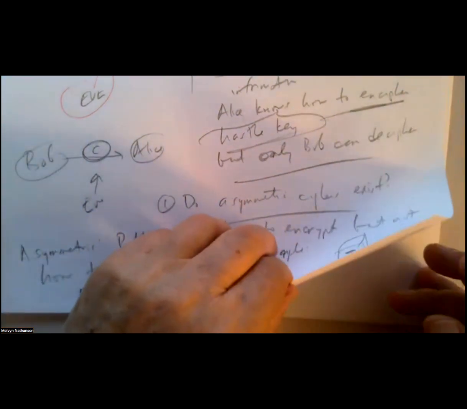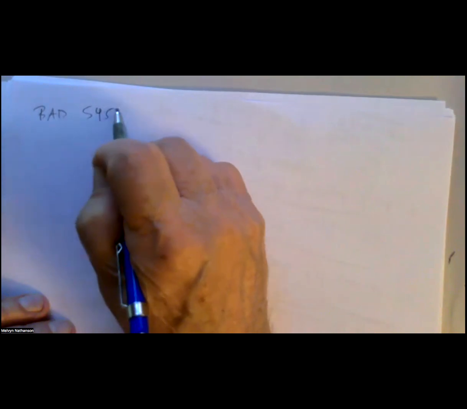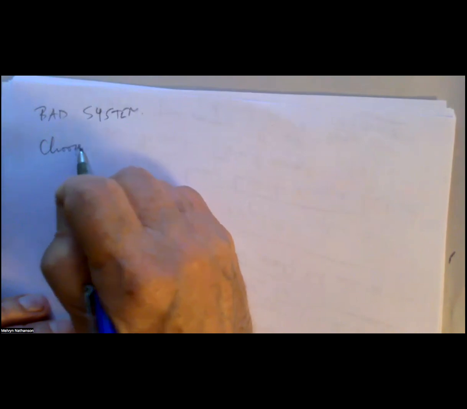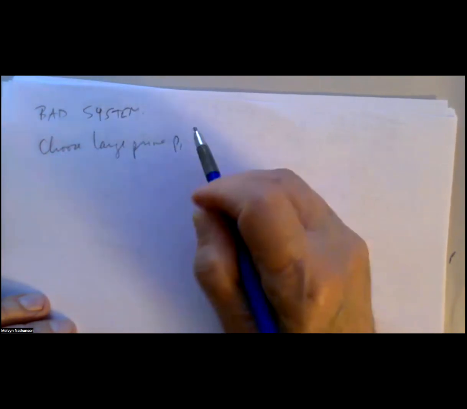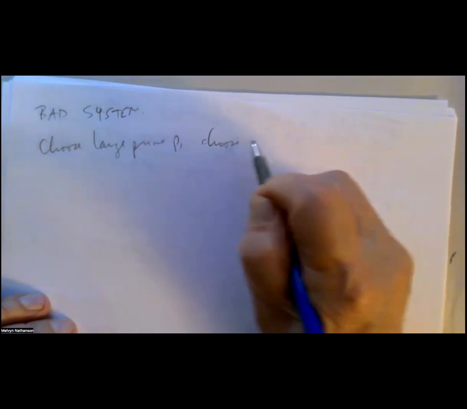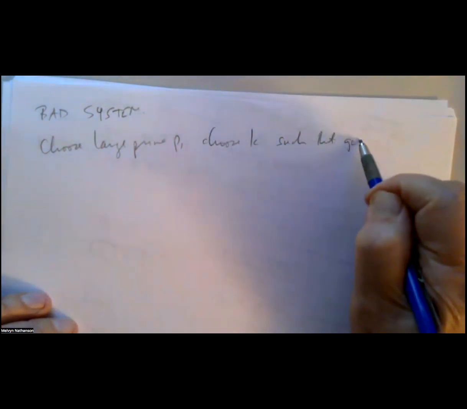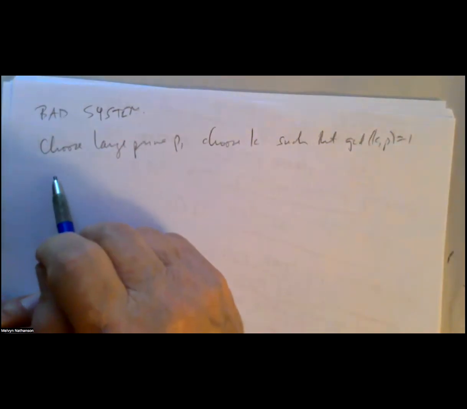Now, an example of a system that does not work is the following. So this is a bad system. Choose a large prime P. Choose K such that the GCD of K and P, greatest common divisor, is 1.